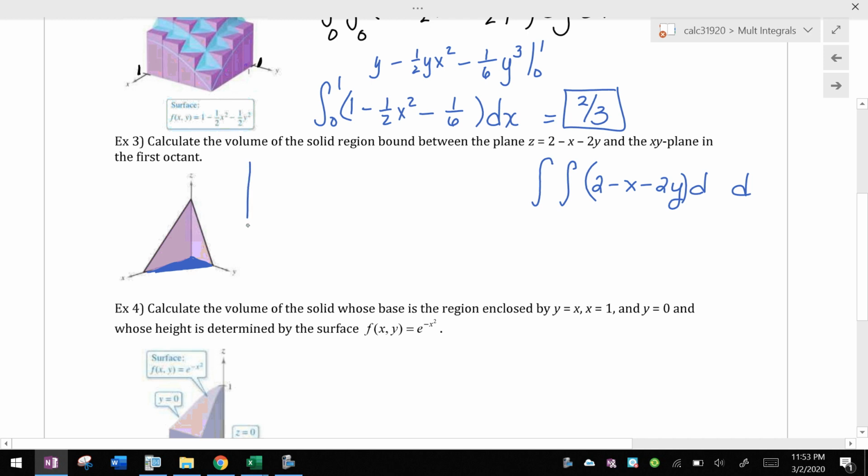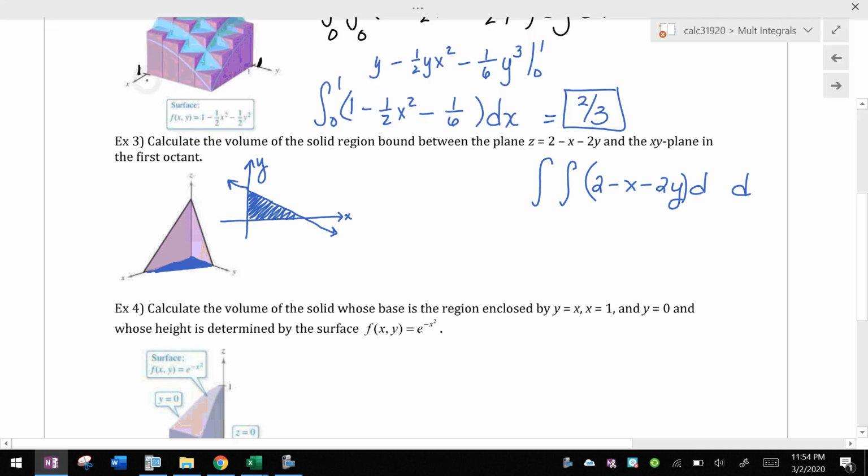And I'm going to come back over here and sketch my region. So let's see, it's taller in x than it is in y. So that blue region right here looks like that if I look from the xy plane perspective. It'd be really nice if I knew the equation of that slanty oblique line. Well, I do.